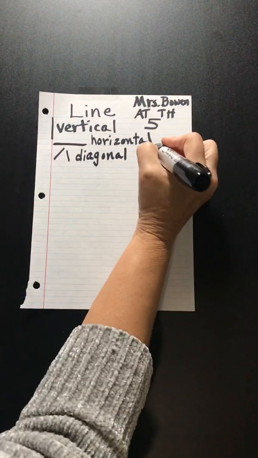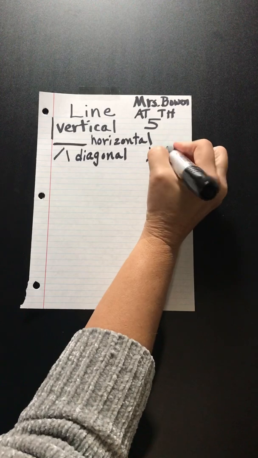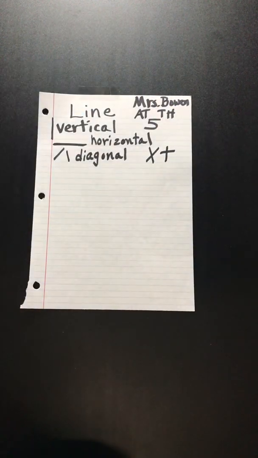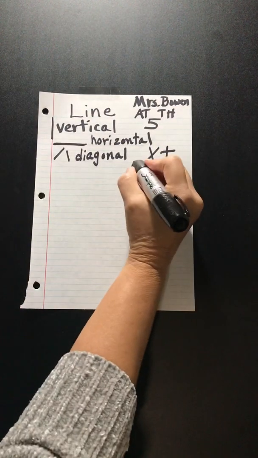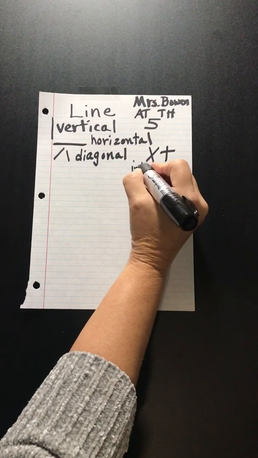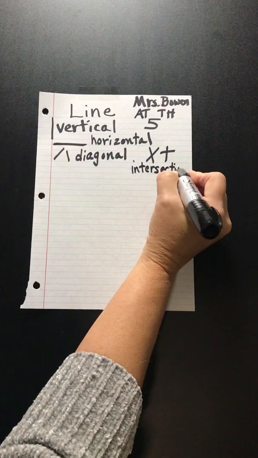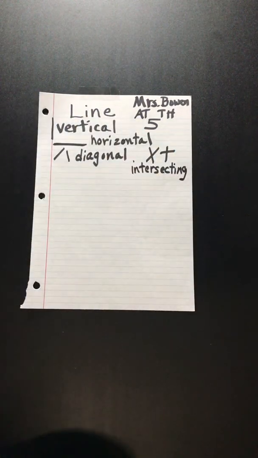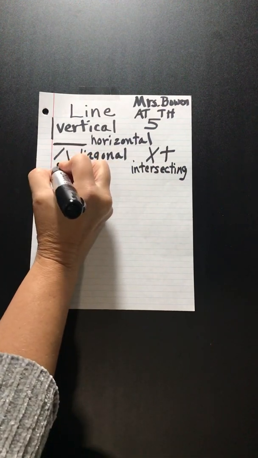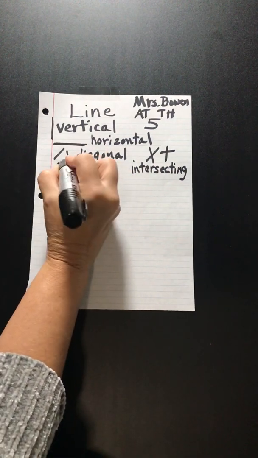Then we have the ones that cross over each other. Do you remember what those are called when they go over top of each other? Intersecting. All right, the next set are the ones that form the square edges. Do you remember what those are called?